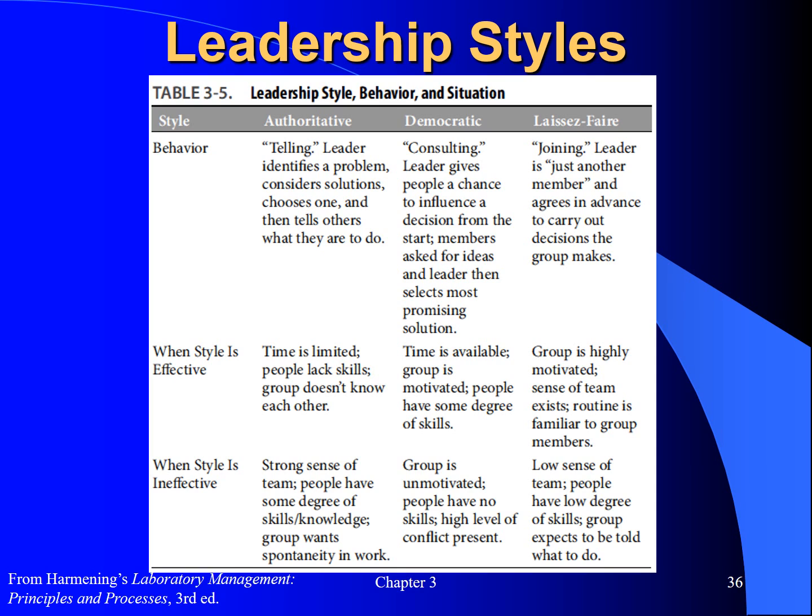Therefore, successful and effective leaders have the ability to adapt their style to fit the requirements of the situation. Table 3-5 lists conventional leadership styles, associated behaviors, and in what situation each style is effective and ineffective.